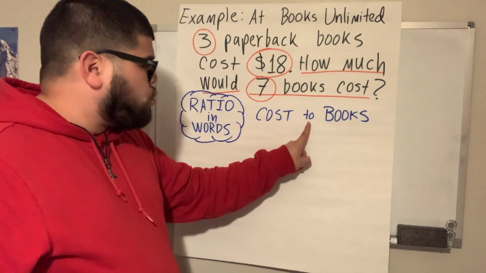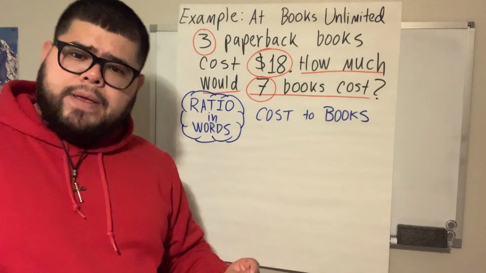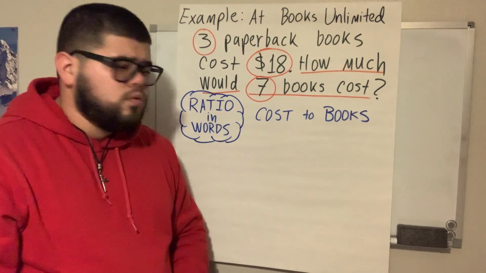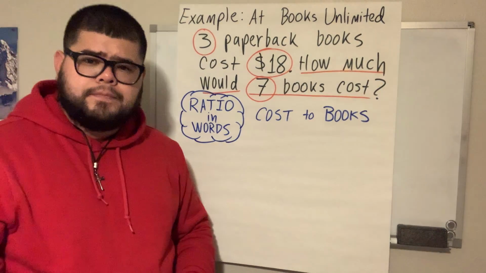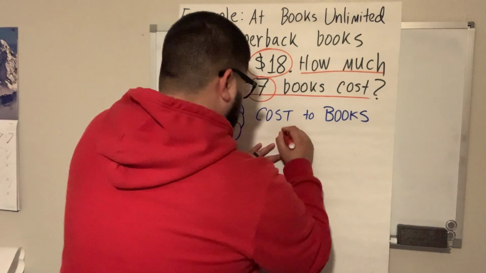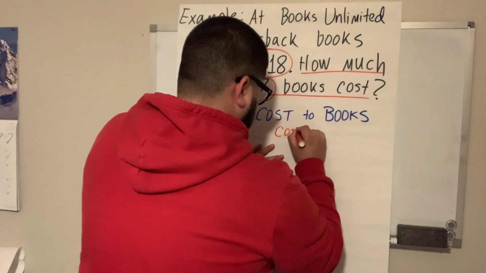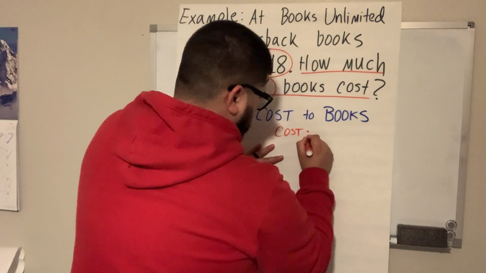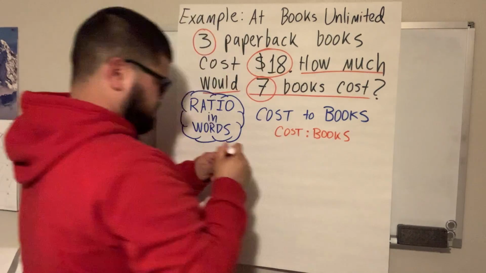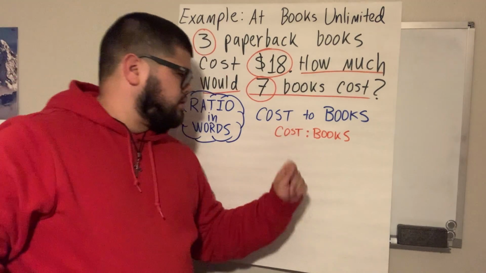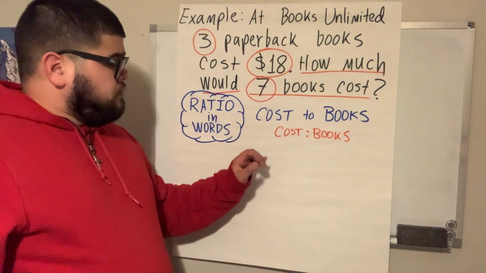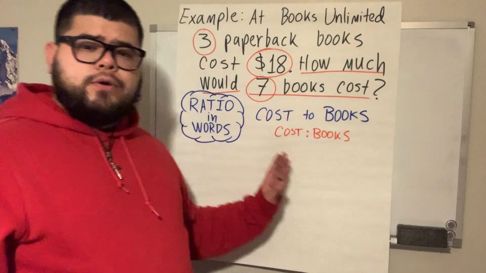Instead of using the word to, what symbol can we put there instead? The colon, right? The 2 dots. So we're going to put cost, colon, books. Same thing. Cost to books, cost per books, cost colon books. Same thing. Now, we created our ratio in words.